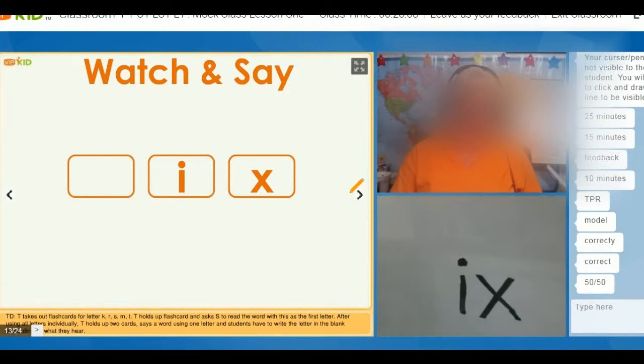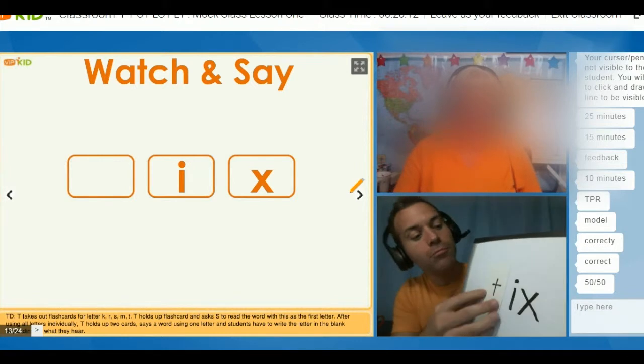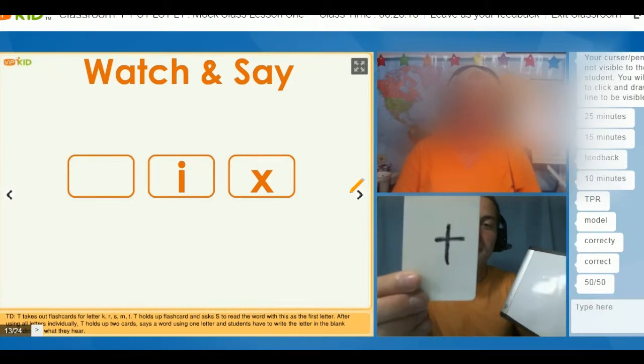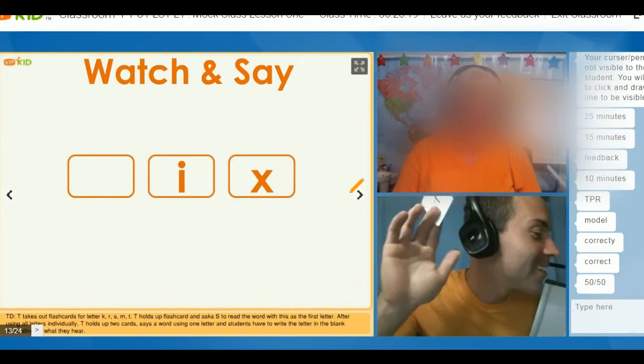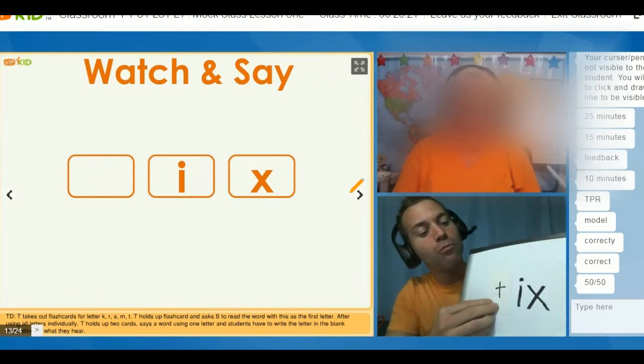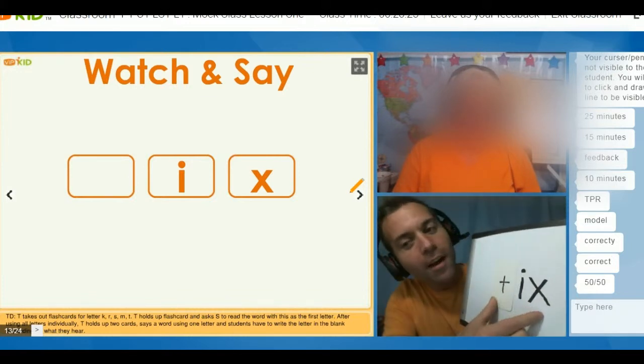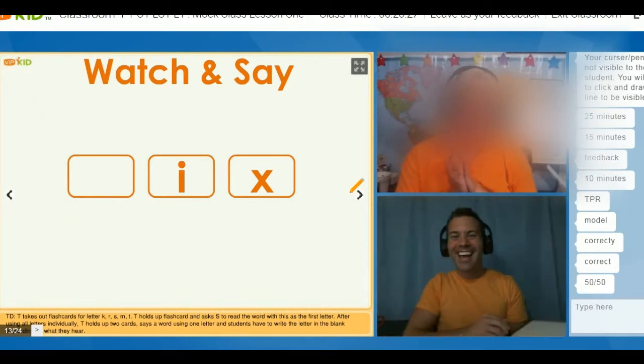Ix. X. Ix. X. T. T. T. Good. X. Ticks. Yes.